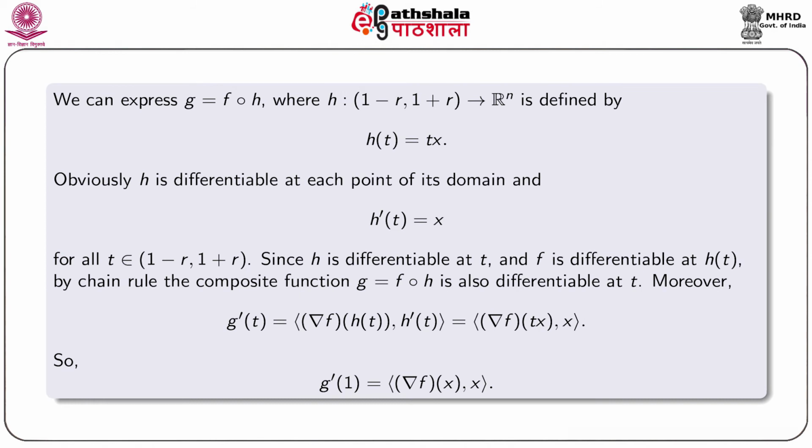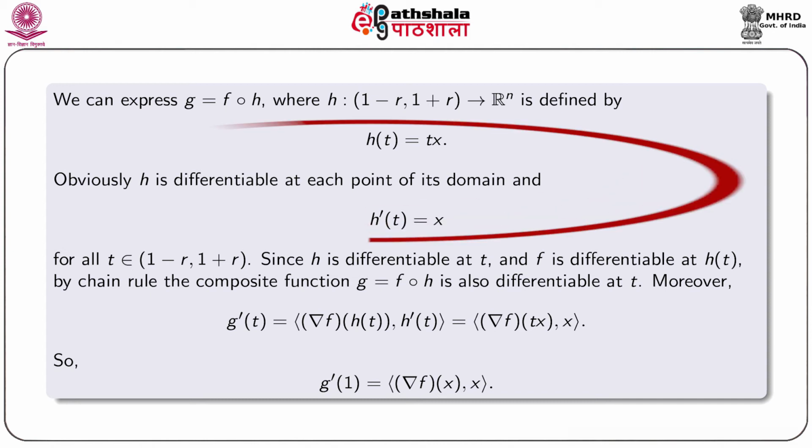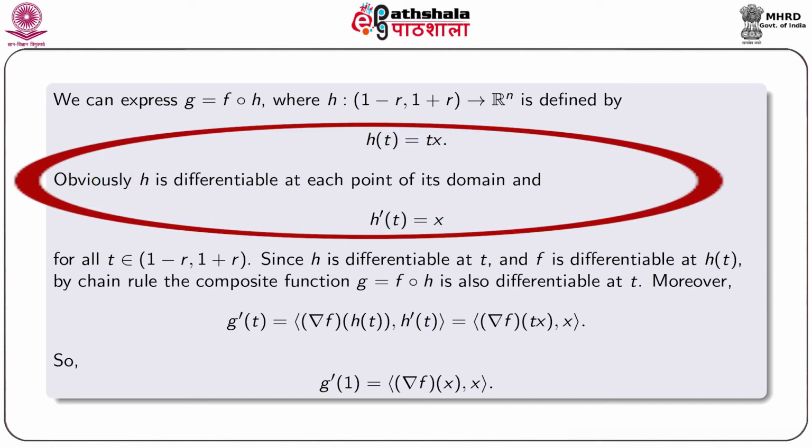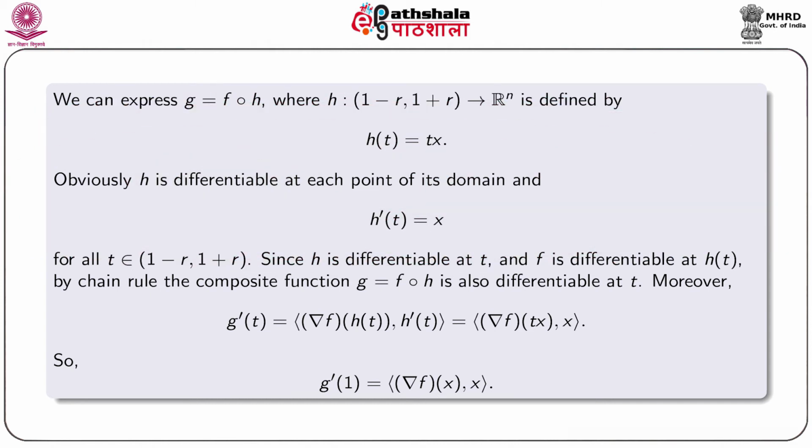So, we can express g equal to the composition of two functions h and f, where h is a map from the open interval (1 minus r, 1 plus r) to R n defined by h(t) equal to tx. Obviously, h is differentiable at each point of its domain and h dash t is nothing but x for every t.